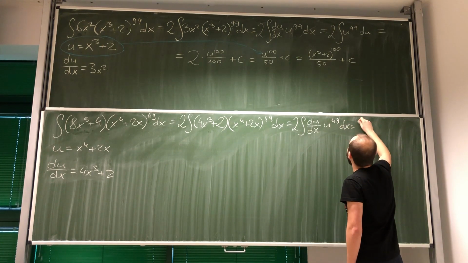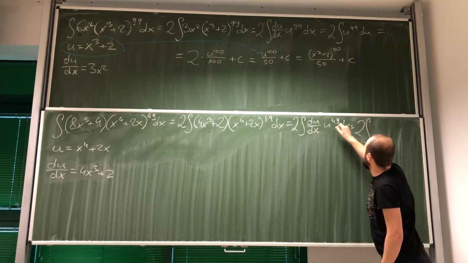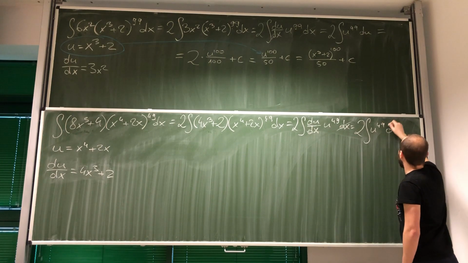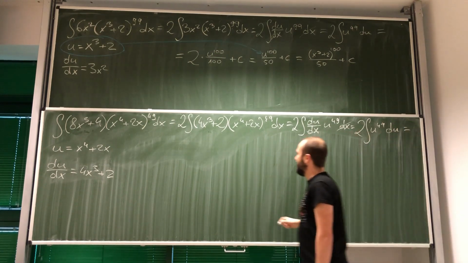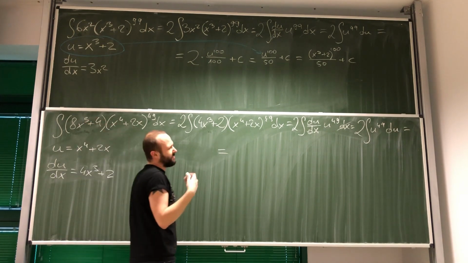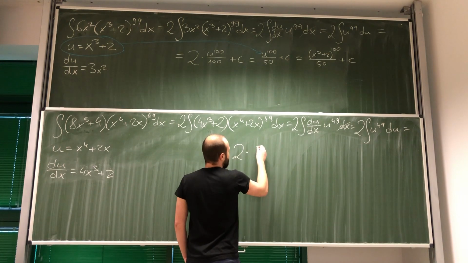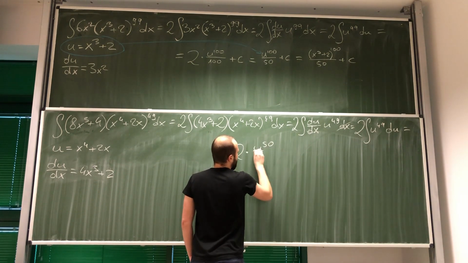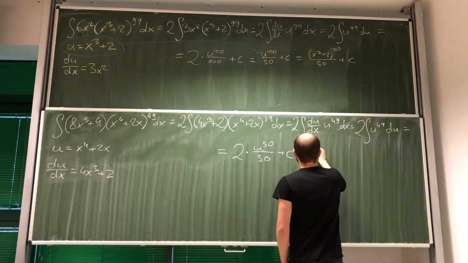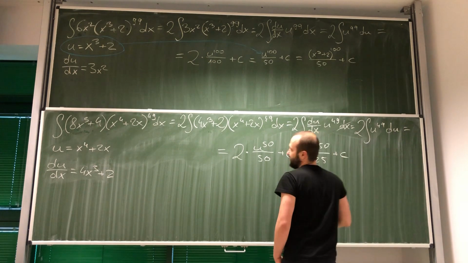And look, I get that this is 2 times, those two cancel each other out, again u to the power 49 du. Now I'm integrating the simpler function with respect to u, which again is a rather trivial task. So we get that this is 2 times u to the power of 50 divided by 50 plus c, or u to the power of 50 divided by 25 plus c.